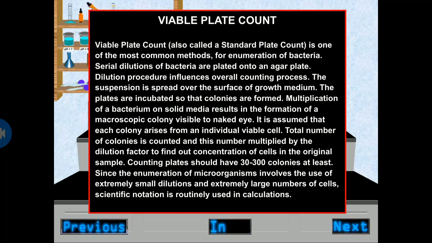We can summarize that the viable plate count is a method where a measured amount of liquid culture is inoculated on the plate, the plate is incubated, and the colonies that result are visualized by naked eye. The reason for the viable plate count is to identify the number of actively growing or dividing cells in a sample. Okay, so we move to next.